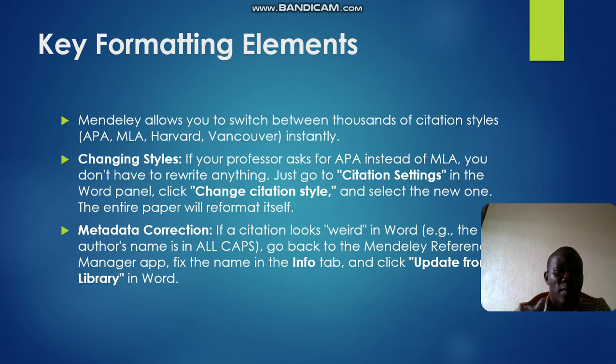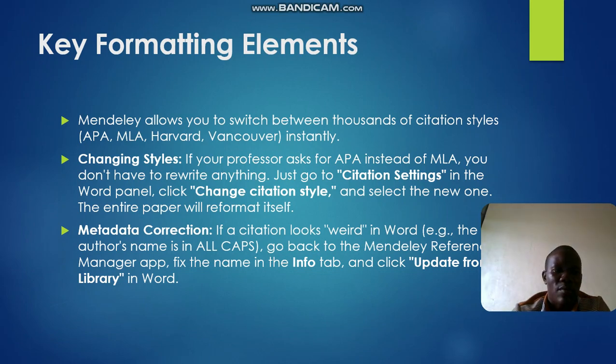So ladies and gentlemen, I believe you're following me and we're still moving on well. Another aspect that we cannot forget to talk about is what we call key formatting elements. With key formatting elements, Mendeley allows you to switch between thousands of citation styles like APA, MLA, Harvard, Vancouver, all those, instantly.